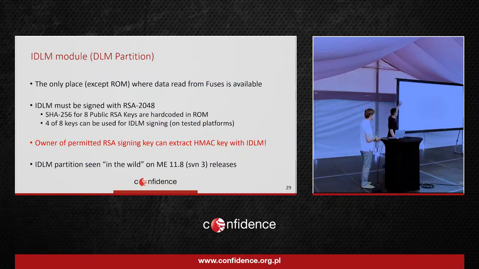Actually, it's the only place where you could put your own code, because you're unable to put your code in ROM. And if you're able to run your code inside IDLM, you have the ability to do anything with the platform. You could recover every secret and calculate new values based on the secrets in any future.